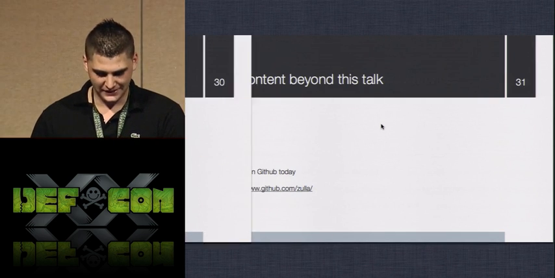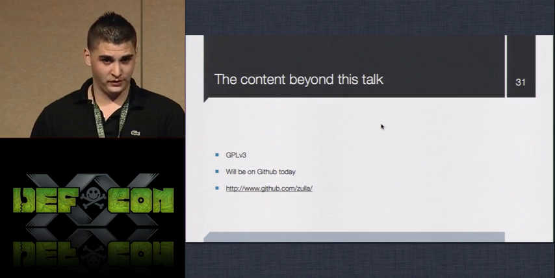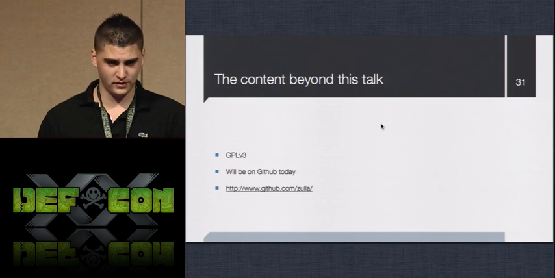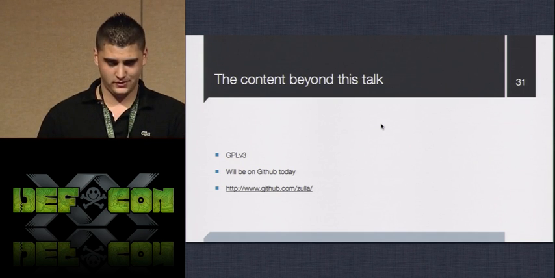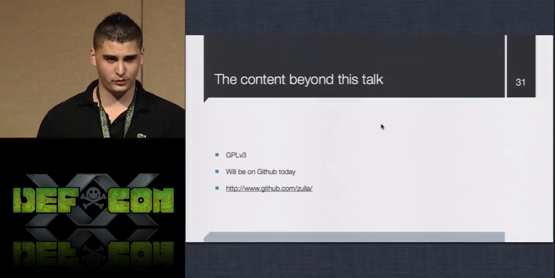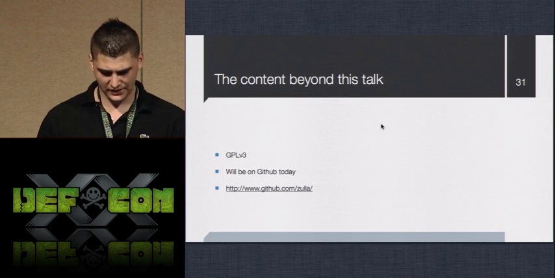So, yeah. The content beyond this talk is going to be a framework for web scanning that has a browser engine included. It has 2,000 different plugins for different vulnerabilities and old WordPress exploits and Joomla and Drupal and all that stuff.